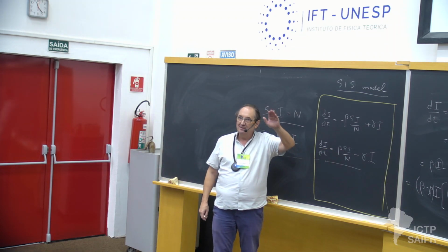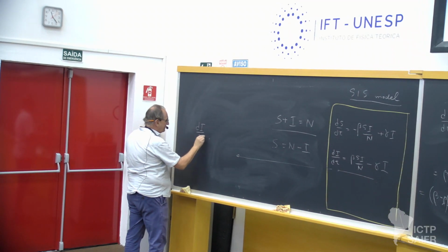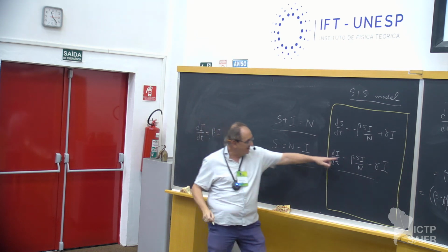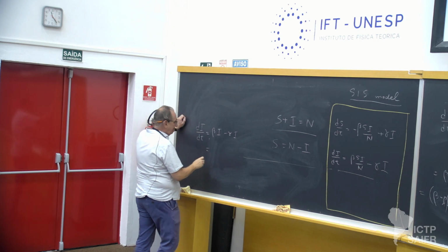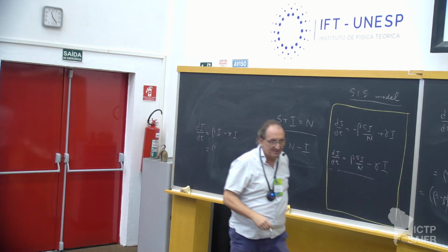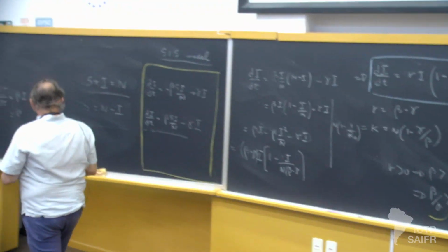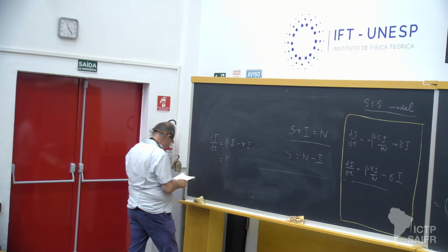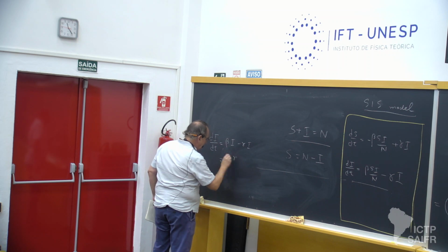If I say S over N is more or less equal to 1, at the very beginning, I have dI/dt is equal to beta times S over N times I, minus gamma I, which is equal to, let me see the best way to write this in order not to make a confusion, beta minus gamma, obviously, times I.